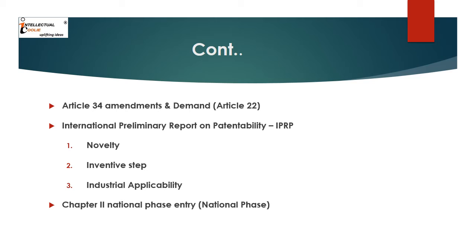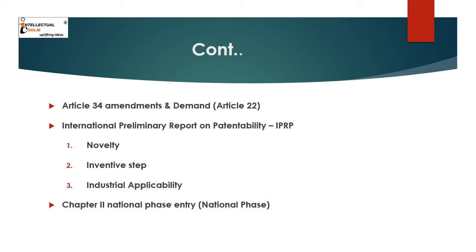If you are filing for US, the US will decide. Maybe the US can take references from PCT search reports, but this is not compulsory. The US can also decide not to give the grant even if the ISR, that is the International Search Report, has given you a good report and has said that your application is very good, that it has inventive step, novelty and patentability criteria.